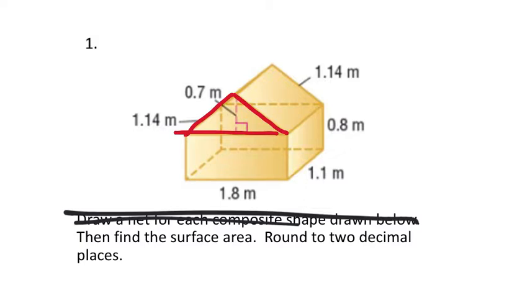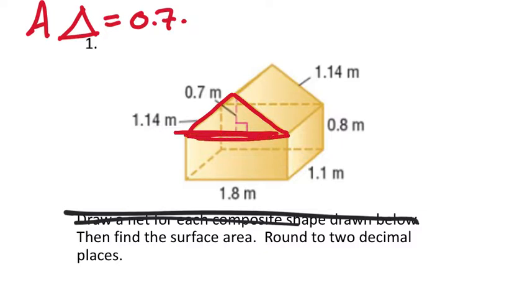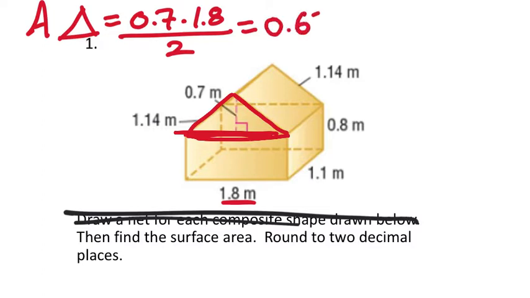And I see that it has a height, so for the area of the triangle, I have a height of 0.7 meters. And the base length, that's this 1.8 meters right there. So 0.7 times 1.8, but I do need to divide this by 2 because it is a triangle. So the area of one of those triangles, 0.7 times 1.8 divided by 2, I get 0.63.